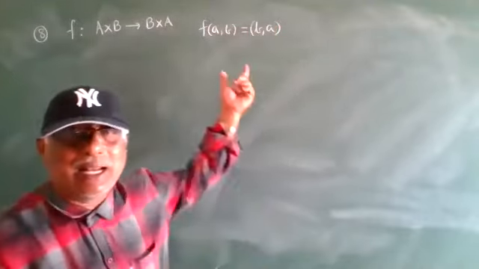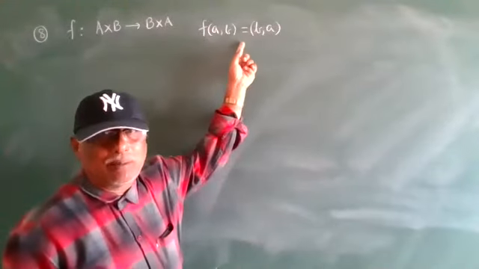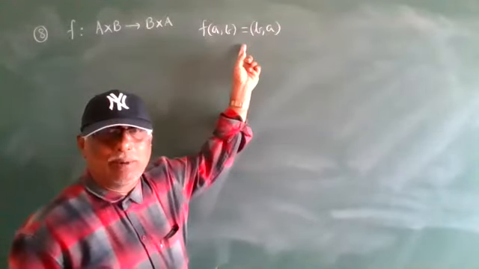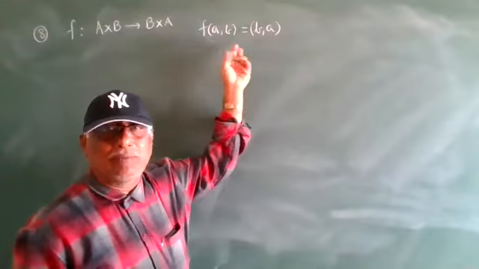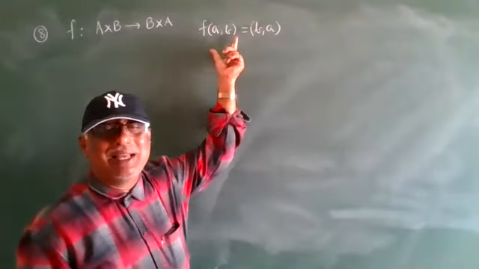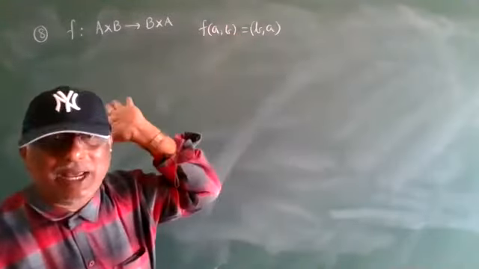This is the general representation. 1 comma 2 we can take, or 2 comma 3, or 3 comma 4. This is the set builder form, general representation.